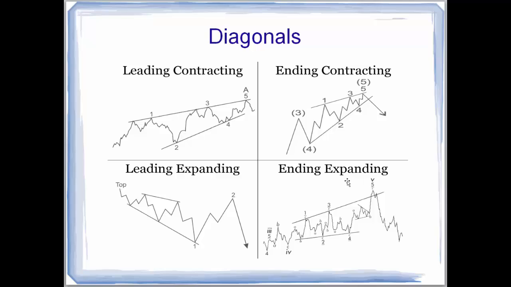In expanding diagonals, wave 3 must be longer than wave 1, and 5 longer than 3. 4 must be longer than 2. And the trend lines encompassing the price action diverge or expand, which means they get further apart as time moves forward.